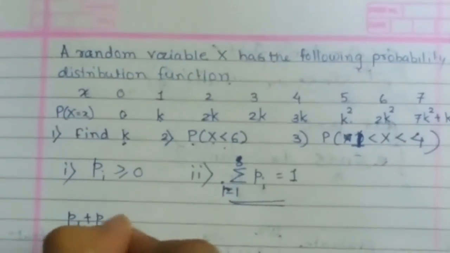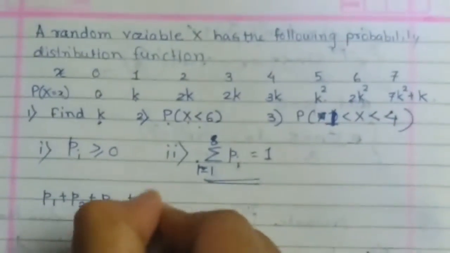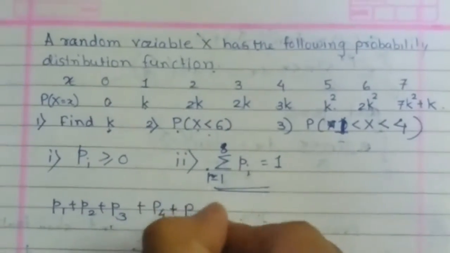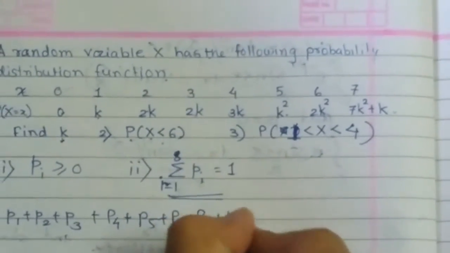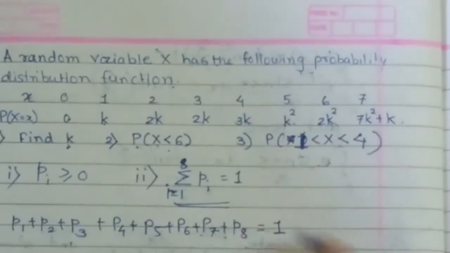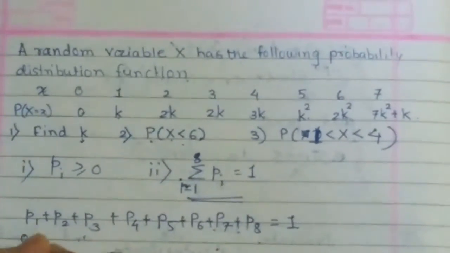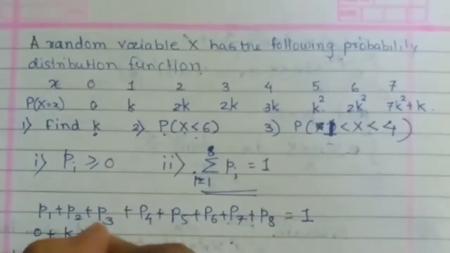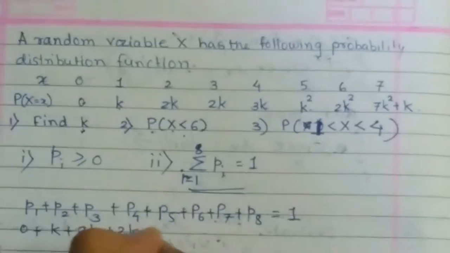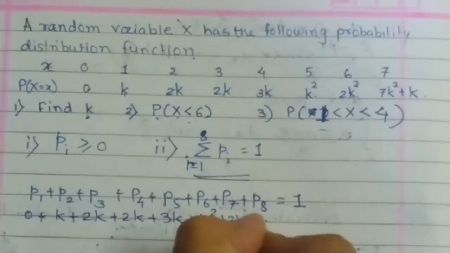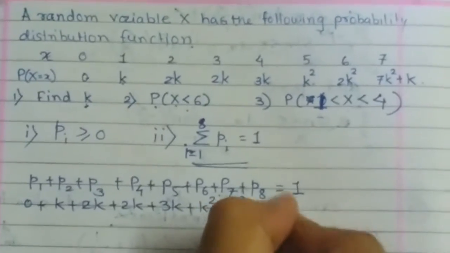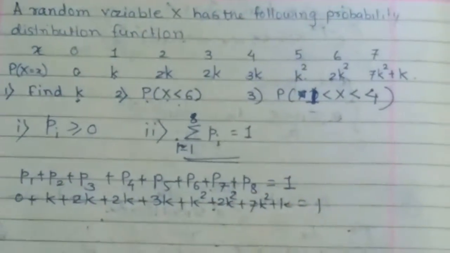P1 plus P2 plus P3 plus P4 plus P5 plus P6 plus P7 plus P8 is equal to 1. Now substitute these values. So 0 plus K plus 2K plus 2K plus 3K plus K square plus 2K square plus 7K square plus K is equal to 1.